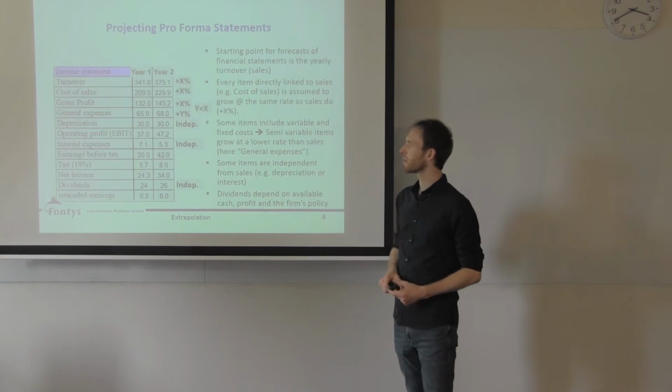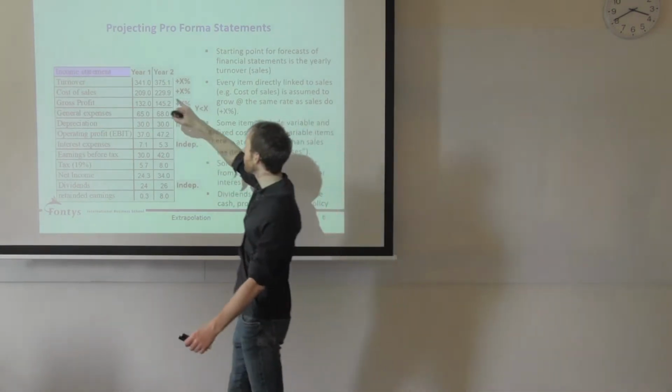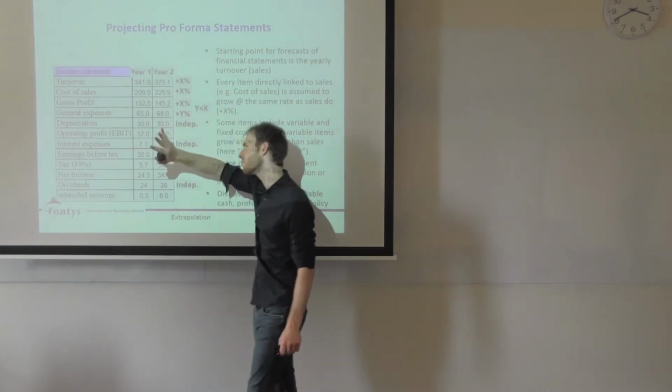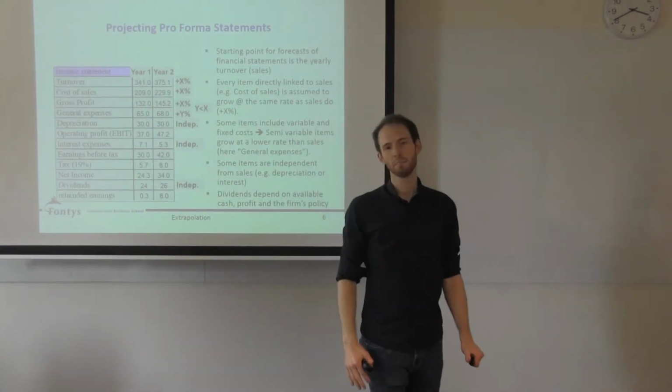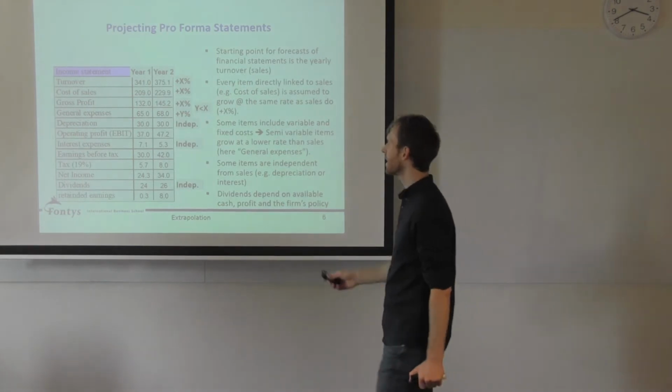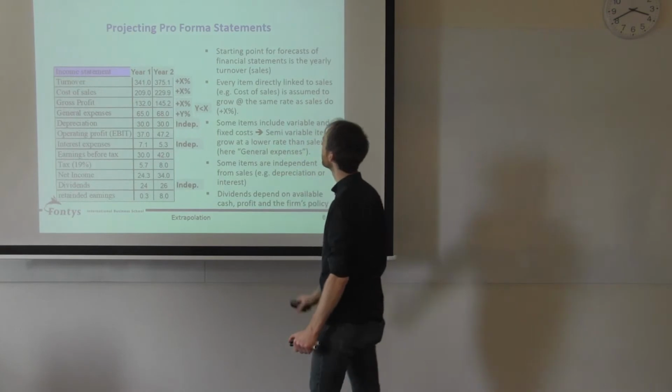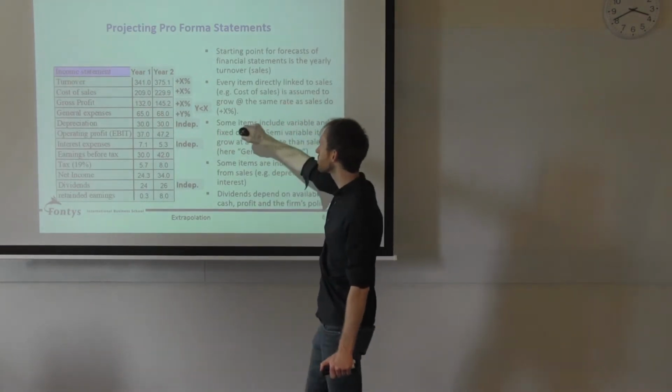So this is an example that we have here. Let's say this is year 1, year 2 of our company, revenue, costs, the profit, and whatever, so the complete picture. And the question now is, all of these items, how do they behave? Well, the starting point is always the turnover.